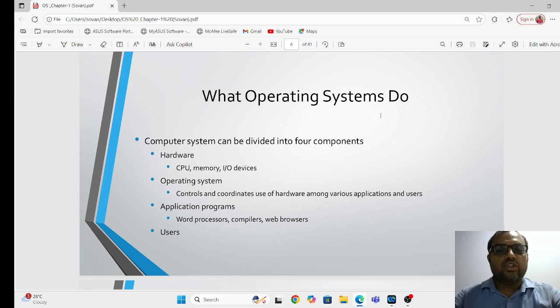And the last resource is your IO devices. IO means input output devices. We know that several types of input output devices are present. If the CPU wants to take inputs from your input devices through the interface, the CPU cannot directly access them.